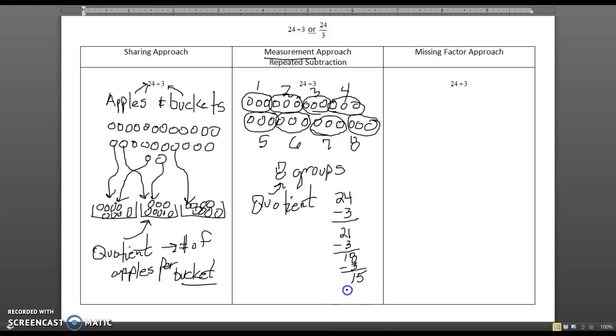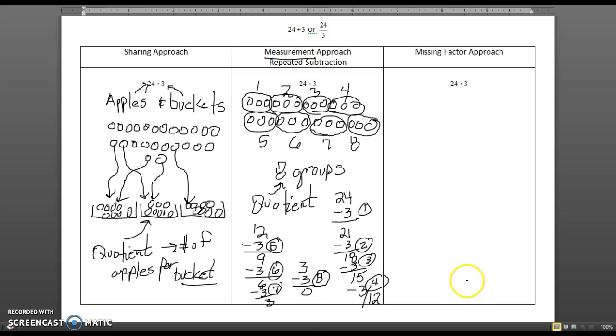So you can see what I'm doing is repeatedly subtracting 3 to see just how many groups I can form, and continually running out of room doing so. All right, so I get down to 0. So then I could go back and count. I've got 1, 2, 6, 7, 8. So that tells me, again, my quotient is 8.